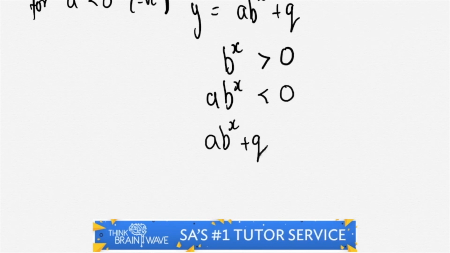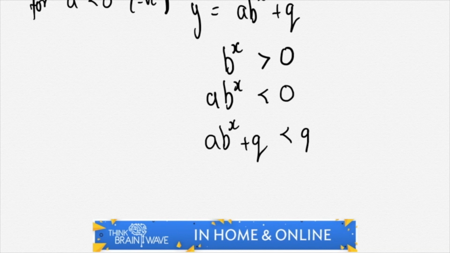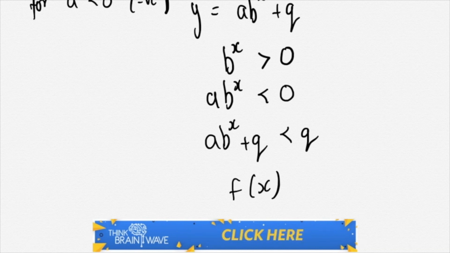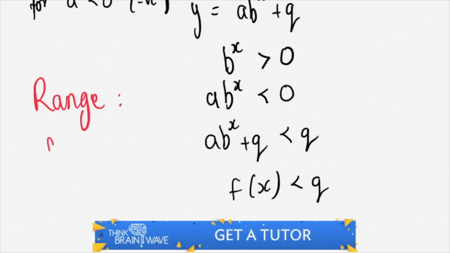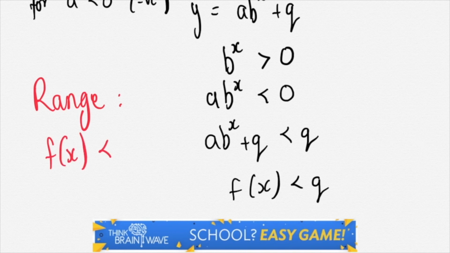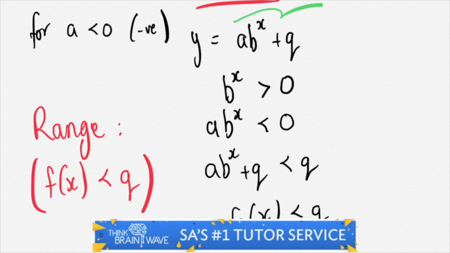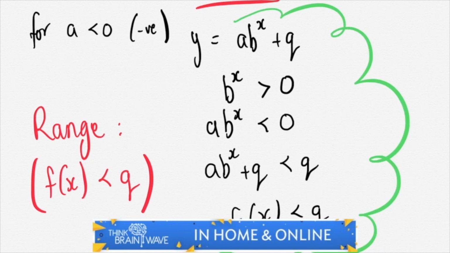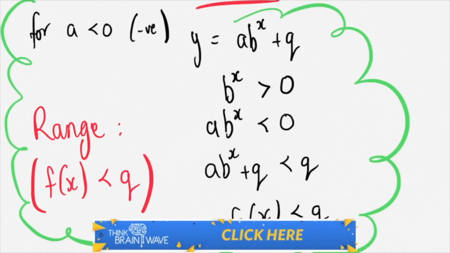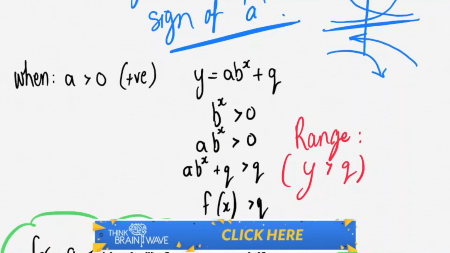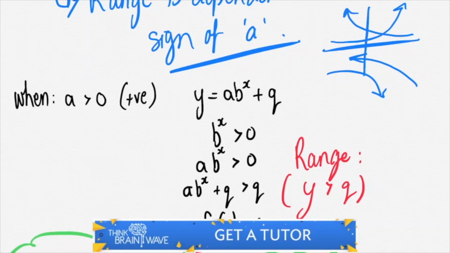I suppose b to the power of x could actually never be less than naught, no matter what exponent you use. And once again, we see a b to the power of x less than naught. When you add the q, it should also be less than q. And once again, you see y or f of x is less than q. This would be the range, as well as f of x is an element of all real numbers. So that is just basically a complicated way of saying it's your asymptotes that you are limited by.